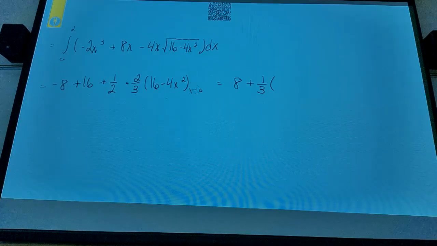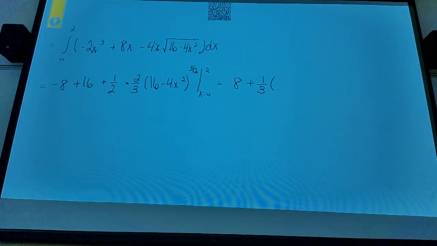Oh, wait a minute, that's the 3/2 power. From x equals 0 to 2. That would be 0 at 2, right? Minus, at 0, 16 to the 3/2.